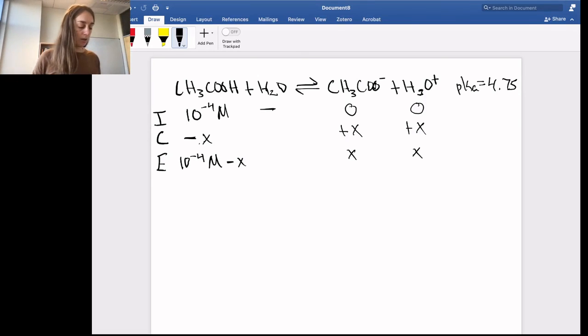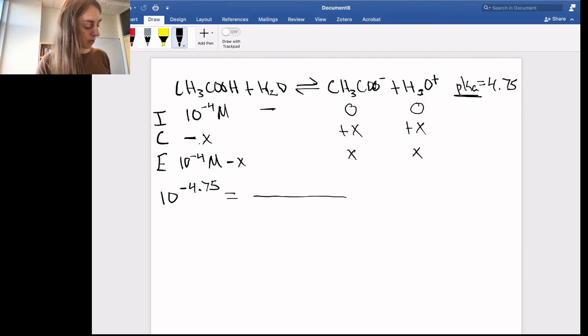Okay, so now we can use the definition of Ka to solve for x here. Again, we started with a pKa, which is the negative log, so we just have to take 10 to the minus the pKa value to come up with our Ka value, in which case that is 10 to the negative 4.75, and that equals, in the numerator, the concentration of our products raised to their activity, in which case it's 1 for both, so we just have x times x, which is x squared.